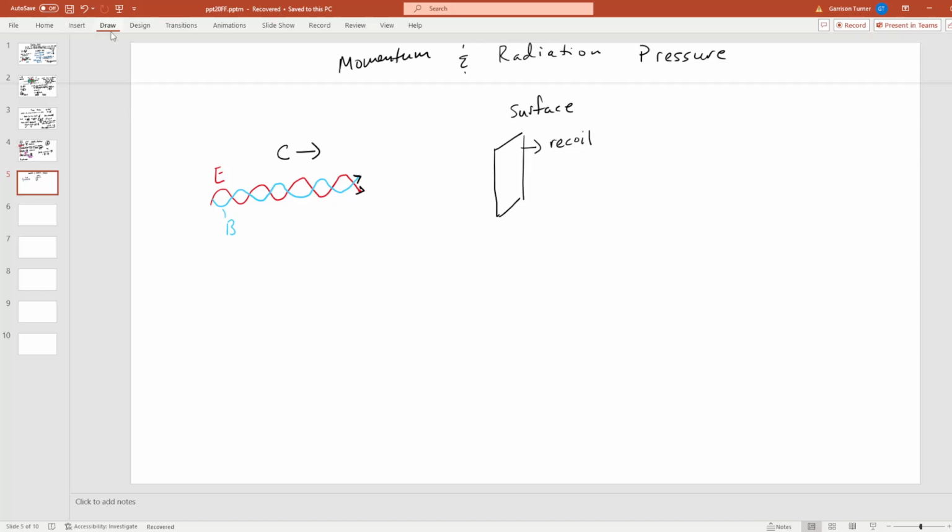So if I model this wave as a beam of laser light, say, and it hits the surface, it should recoil at least slightly. And the higher intensity you make your beam, the more the recoil will occur.